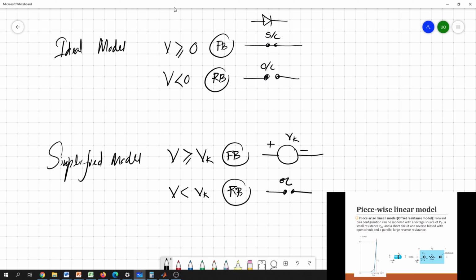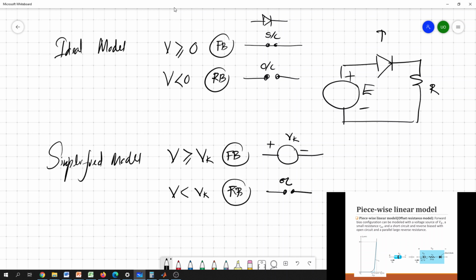Keep in mind, for example, if you have a circuit like this, with a resistor, a diode and the source, we can simplify this circuit by replacing the diode, assuming either the ideal model or the simplified model.